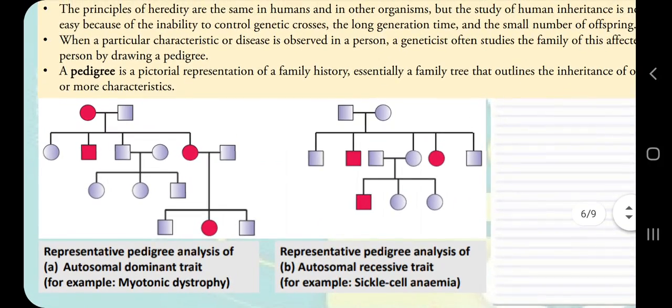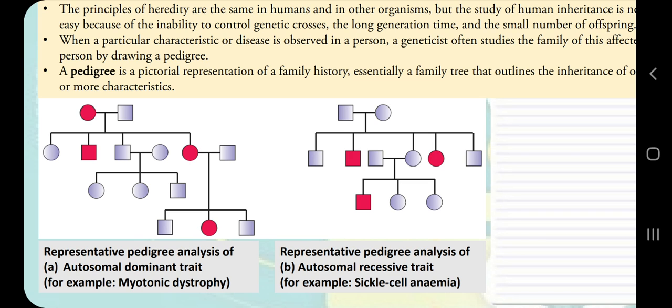Now we are going to study Mendelian disorders in my next video. There we will study sickle cell anemia, hemophilia and phenylketonuria, and along with hemophilia I am going to give one idea of color blindness also.